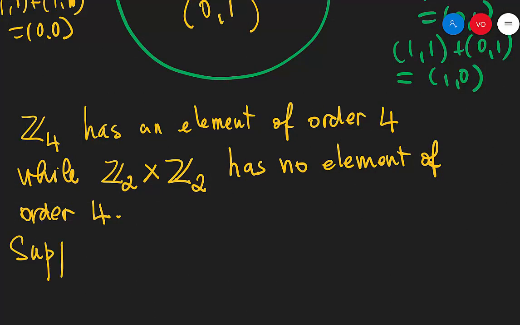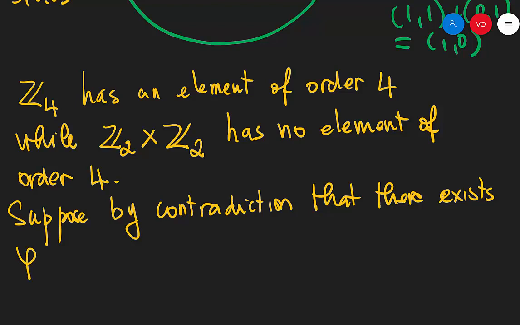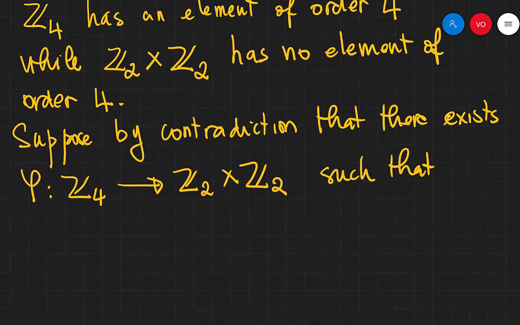Okay, so suppose by contradiction that there exists a map phi between Z4 and Z2 cross Z2 such that phi is an isomorphism.